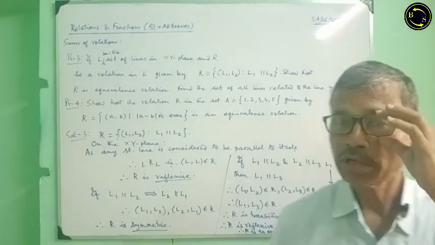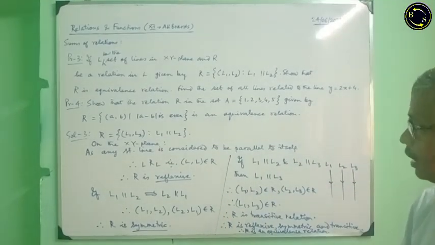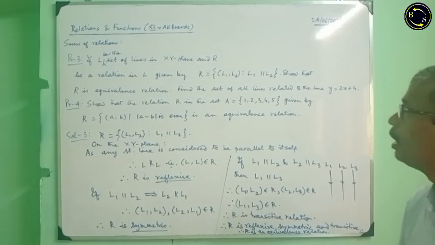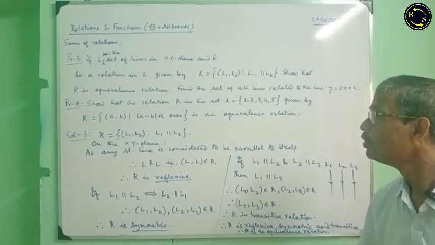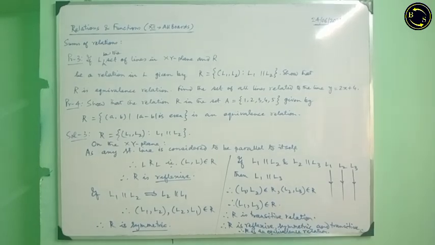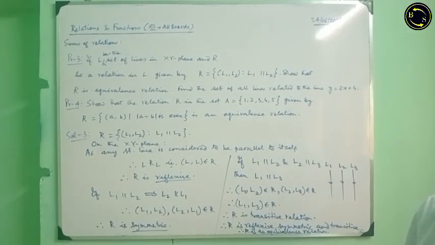I think you have understood. Follow the steps I am following to show an equivalence relation. We have to show step by step, first reflexive, then symmetric, then transitive. Follow this order.